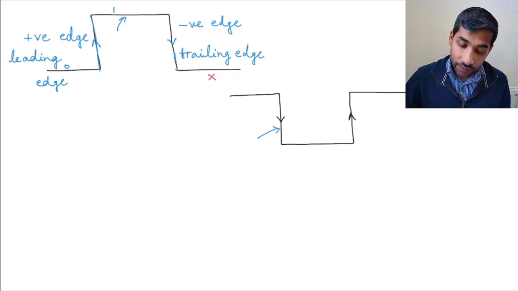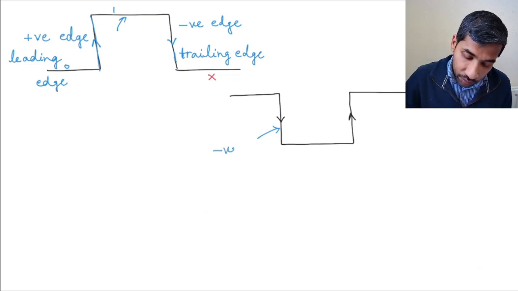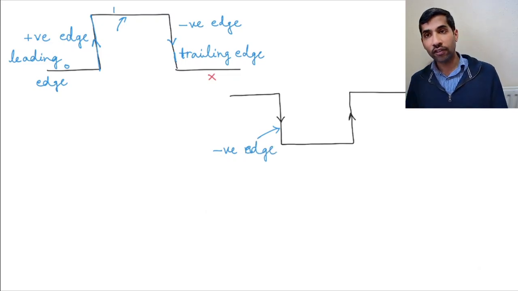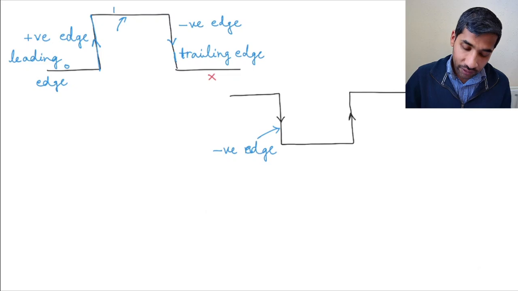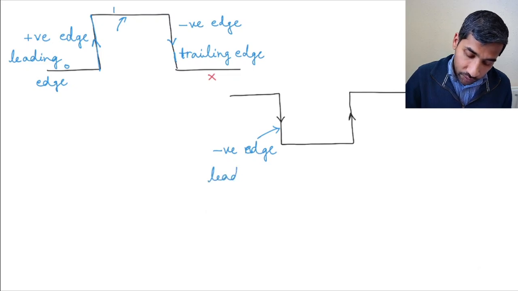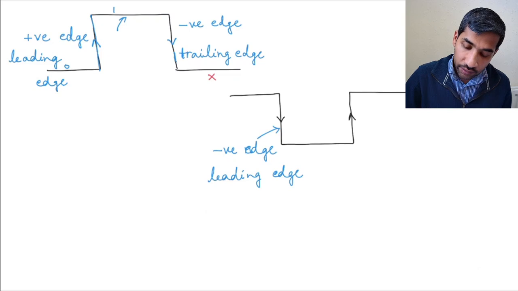Of course, it's a negative edge, right? Because it's going from 1 to 0. But is it a leading edge or a trailing edge? It's a leading edge because it comes first. Similarly, this is called a positive edge, but it's a trailing edge.